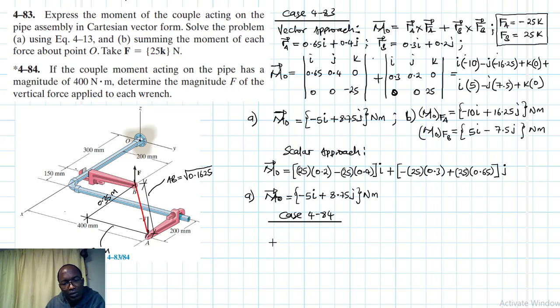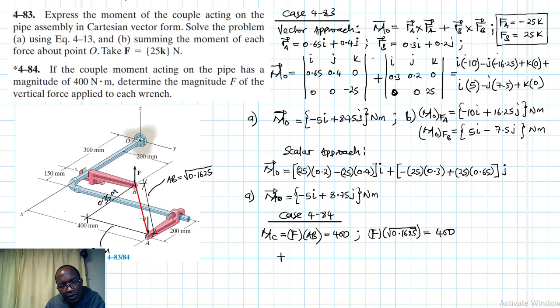Right, so we know that, therefore our couple moment is equal to F times AB, which is equal to 400. 400 is already given, and therefore we have F times the root of 0.1625 equal to 400.